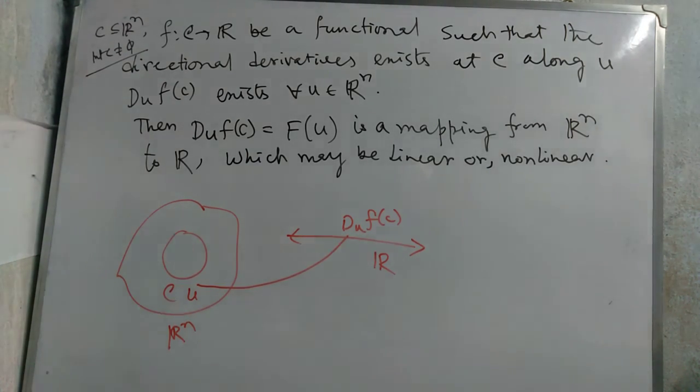Obviously if u is another point in R^n, then this gives some value. So the directional derivative obviously gives some value. Then today we stop here.